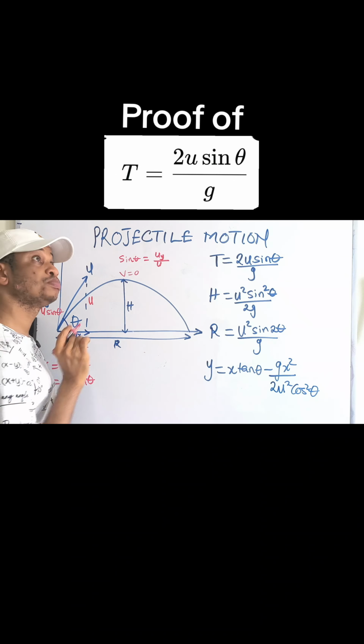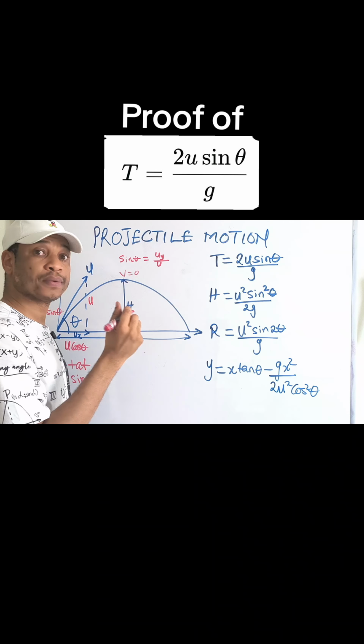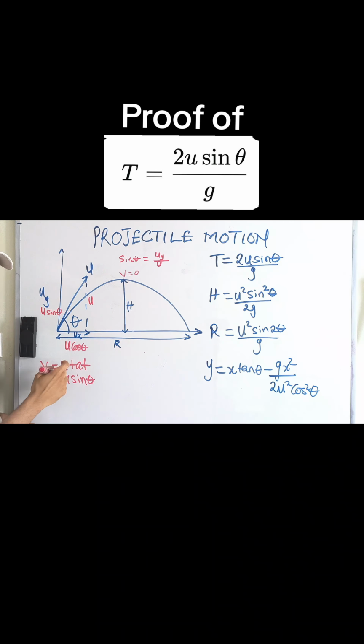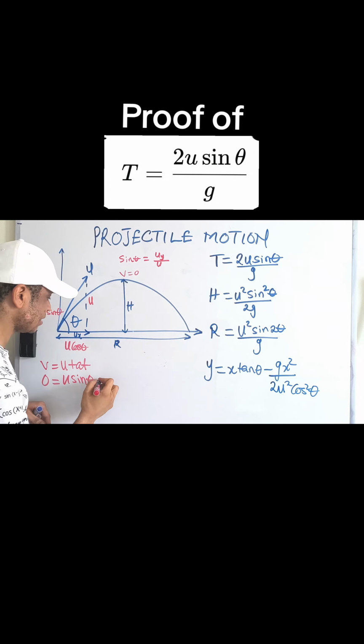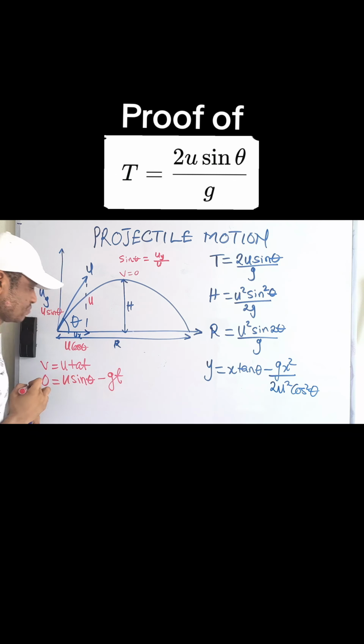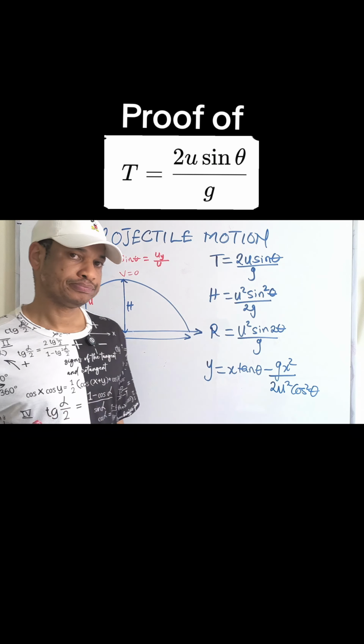The particle is being projected up, so a becomes negative because it's going against acceleration: minus gt. So do the math here. This will give you t as u sine theta over g. So this is the time it takes to go here.